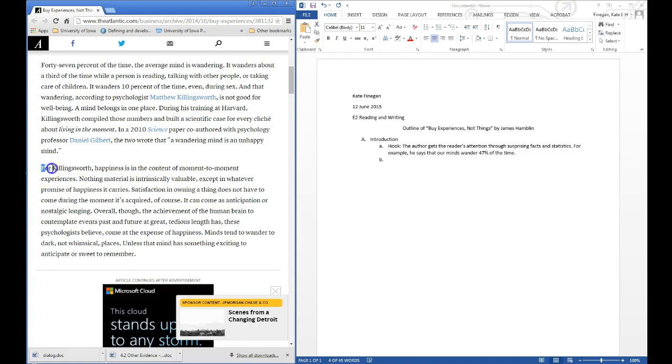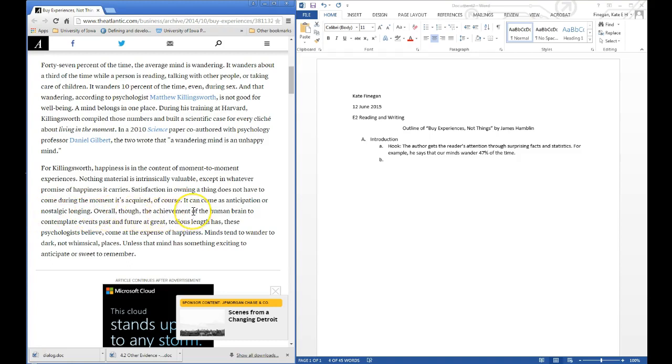Okay, so for Killingsworth, happiness is in the content of moment-to-moment experiences. Nothing material is intrinsically valuable except in whatever promise of happiness it carries. Satisfaction in owning a thing does not have to come during the moment it's acquired, of course. It can come as anticipation or nostalgic longing.